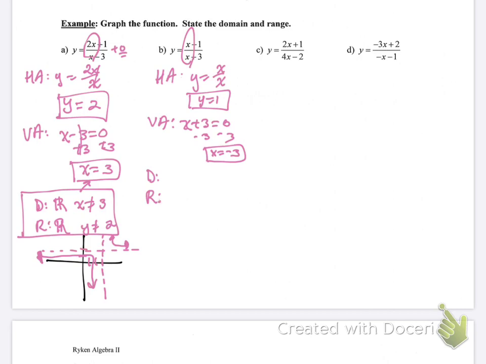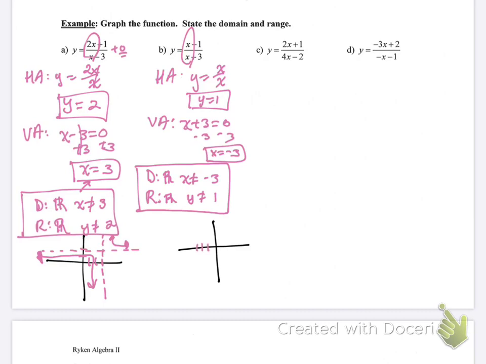So then you're able to do your domain and your range. Domain, all real numbers. X cannot equal negative 3, because that's what we said our VA was, right? Range, all real numbers. Y cannot equal 1, because that's what our horizontal asymptote was. All right? Then we're going to go ahead and graph, just to practice graphing here.